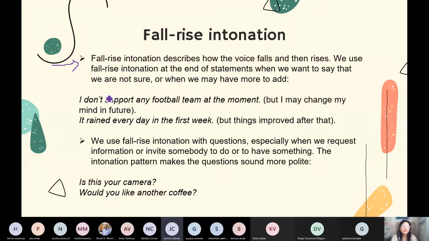So I may change my mind in the future. So probably I will have something else to add. And in this case, we should pronounce this like this. The moment.